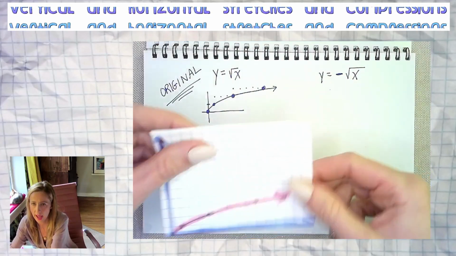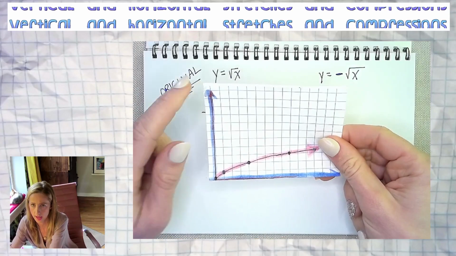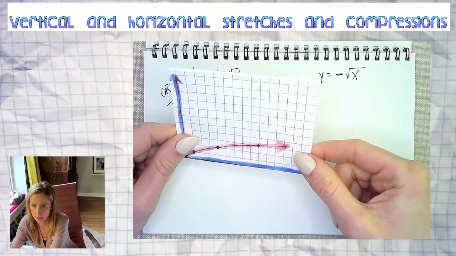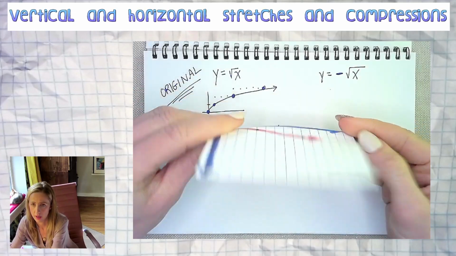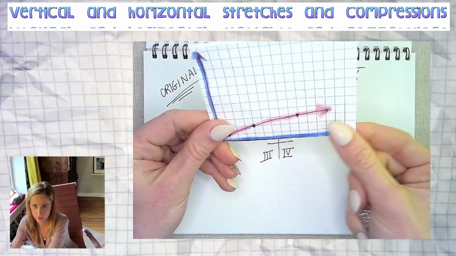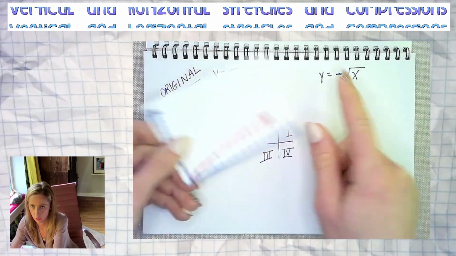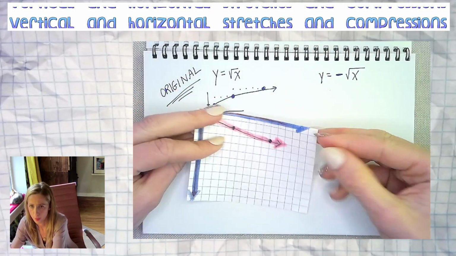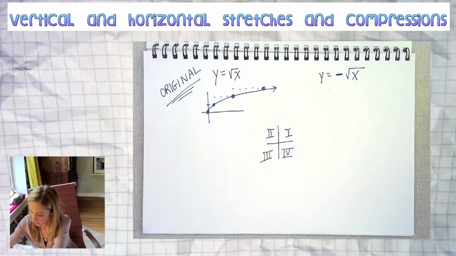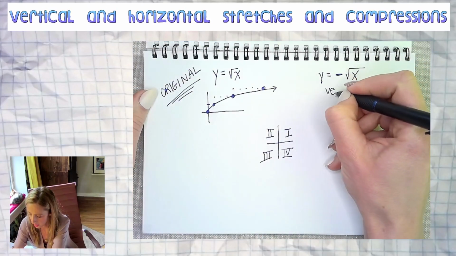Where is the y-axis negative? Here's y is positive, x is positive. In the third quadrant. And fourth, right? But x is still positive. Y is negative. Boom, down here. So that is a vertical.